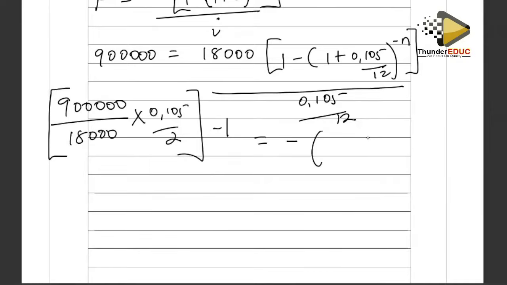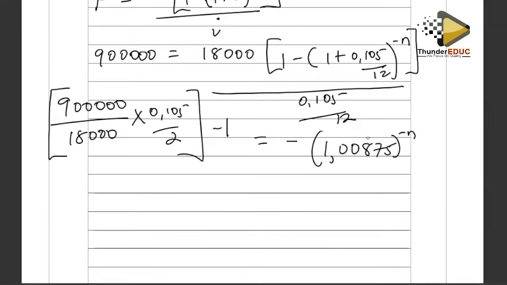Okay, so if I simplify my bracket with the n, I'm getting 1.00875 to the exponent of negative n. When I simplify my left-hand side, we said 900,000, oops, we are dividing by 18,000.